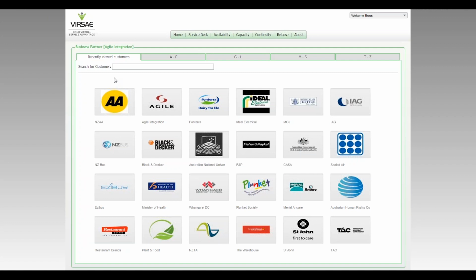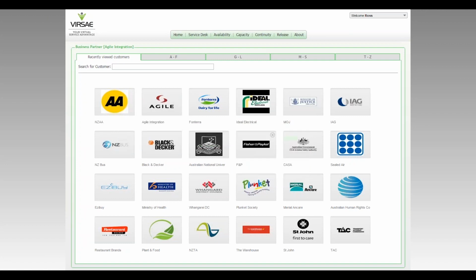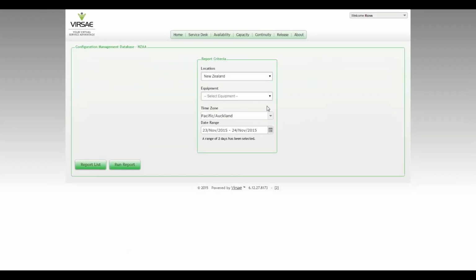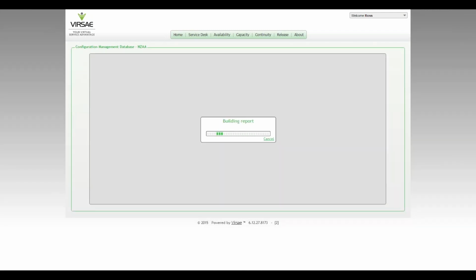If we really want to get into some depth, we can start looking at the configuration. So if we pull the CMDB, VSM has that ability for us to go back in time and look at the configuration in the past. While this is reasonably static, it's probably prudent to do so.